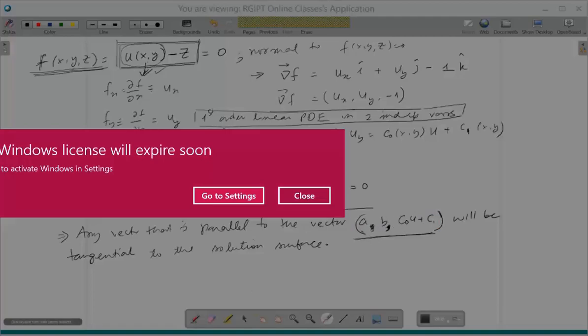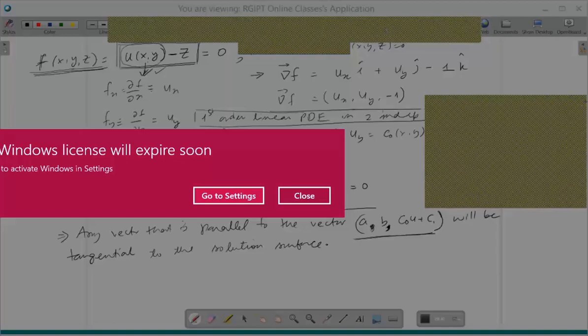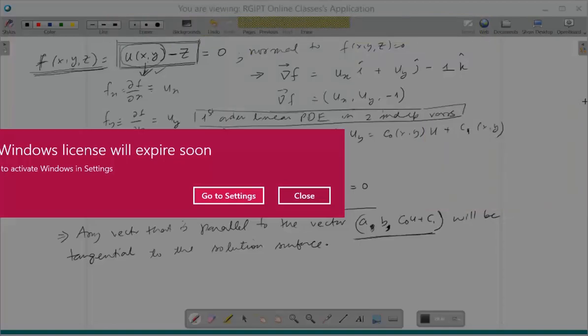If you know x and y, and at any x and y you construct a vector with these components, that will definitely be parallel to the tangent along the solution surface, right? Is that all right? I hope this much geometry should be fine. You can deal with this, right? So this is tangential to the solution surface.